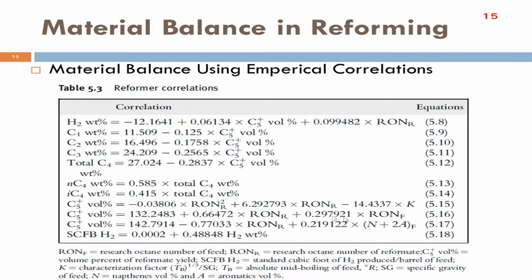When we know that amount, we can calculate what C5 plus can be formed in this unit, and this C5 plus can be used to calculate how much C1, C2, C3 and C4 are left from the reaction, and also how much hydrogen can be produced.